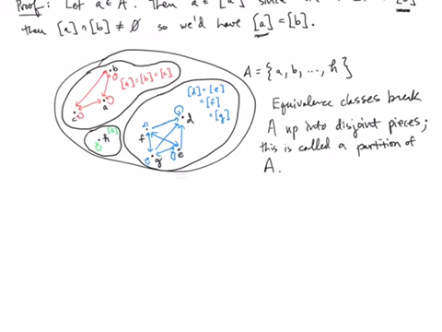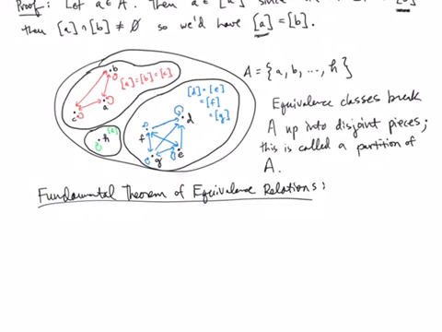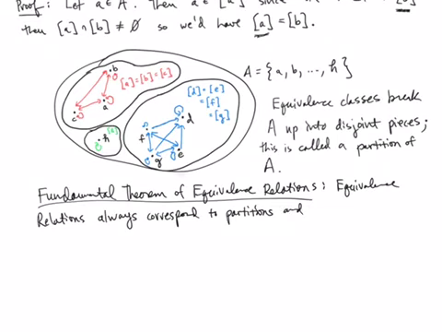So what we'll cover next time, we don't have time right now, is the fundamental theorem of equivalence relations, which is that equivalence relations always correspond to partitions. And vice versa.